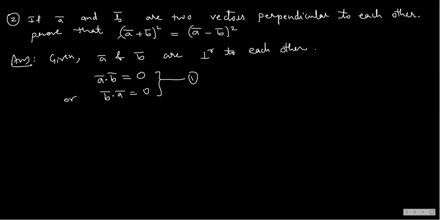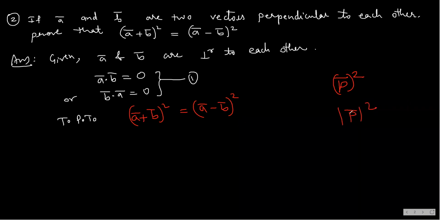Okay. Now see what we need to prove. We have to prove that a bar plus b bar square equals a bar minus b bar square. Now understand that many students do not know that when we are given the square of a vector, it means the square of its magnitude, though we do not write it.